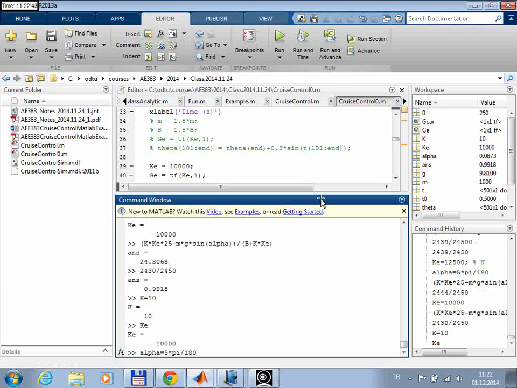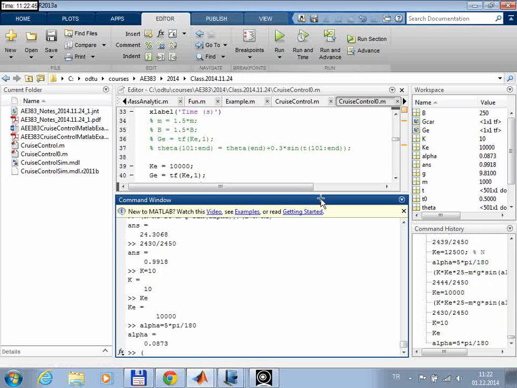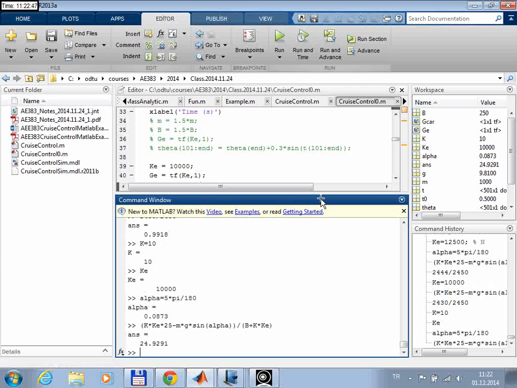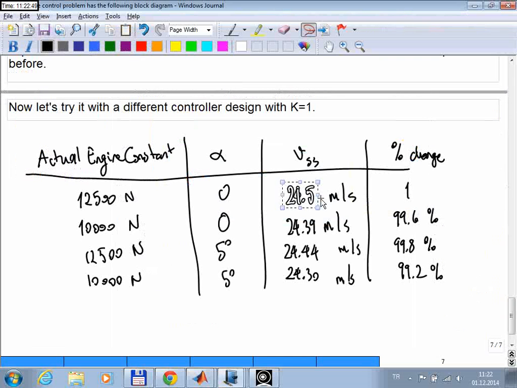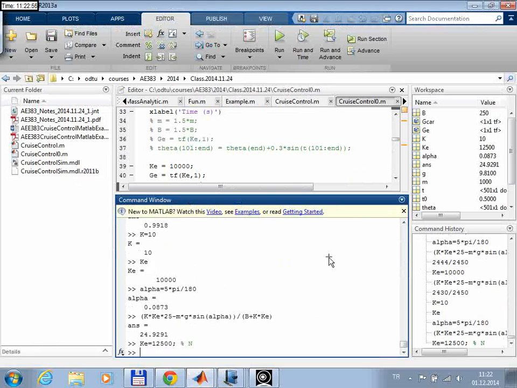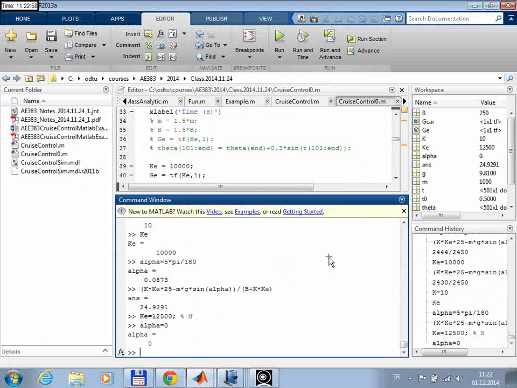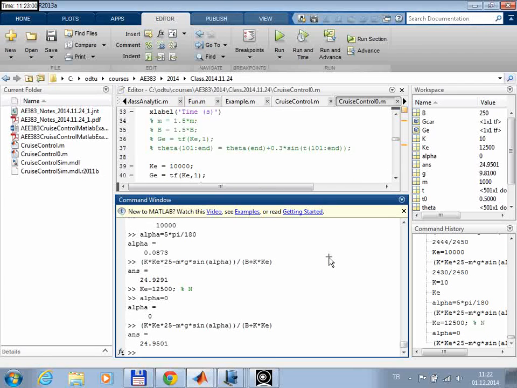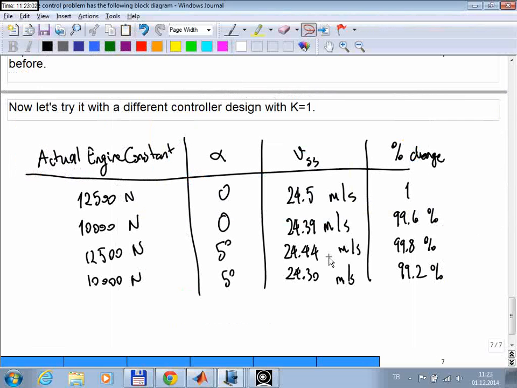This is the worst case, 24.9. So this number increases to 24.9, and in the ideal case, it's 24.95. See, these numbers get closer and closer.